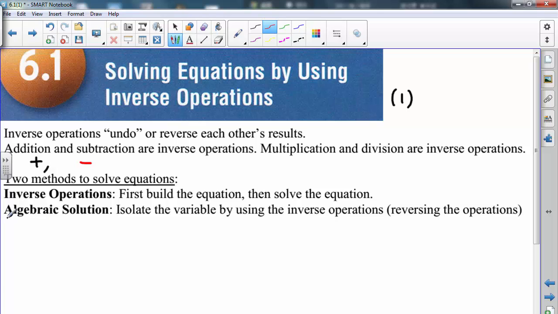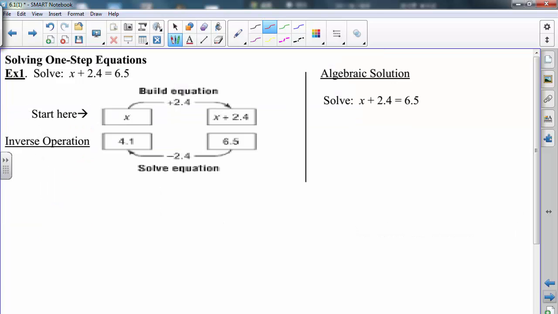Of course, we will focus on algebraic solutions in this lesson. But the inverse operations will help us understand why we need to solve an equation following those steps.